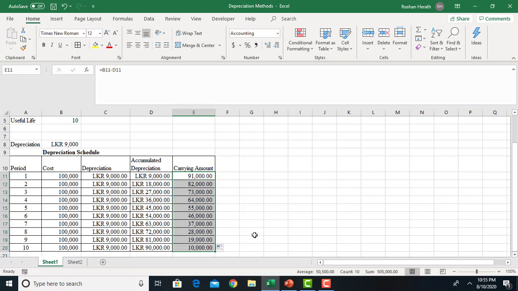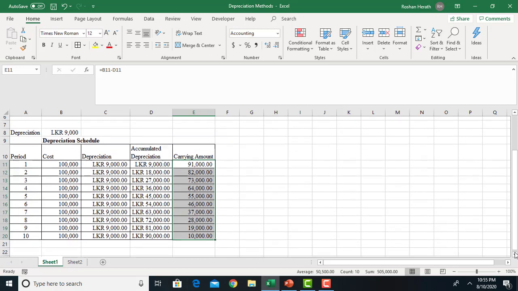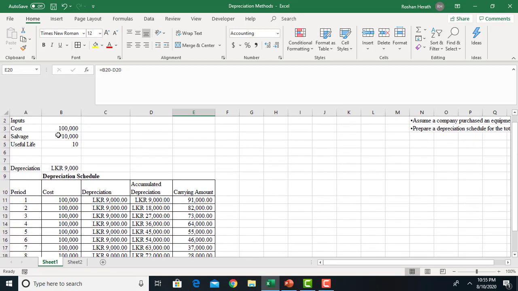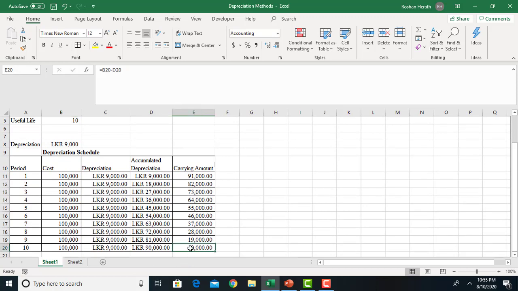So once you click on that, you can see it spreads throughout the period, and you can see at the end of the useful life, the carrying amount has become equal to the residual value. So your residual value was 10,000. You can see at the end of the useful life, this has become equal to the residual value.